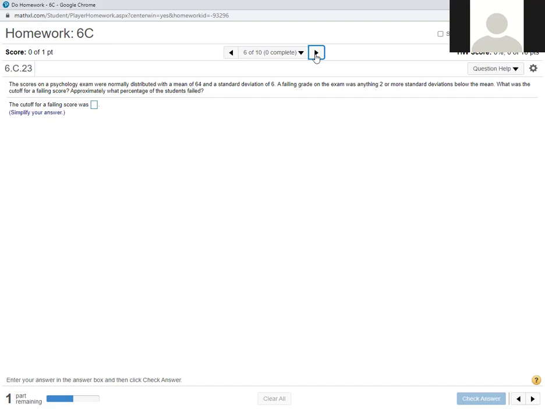All right, the scores on the psychology exam were normally distributed with a mean of 64. So a mean of 64. Okay. Standard deviation of 6.